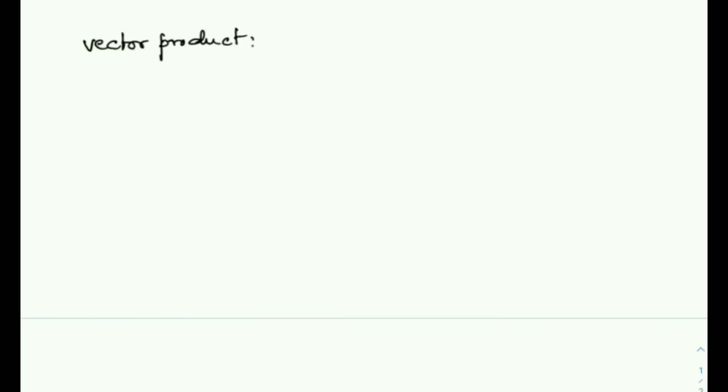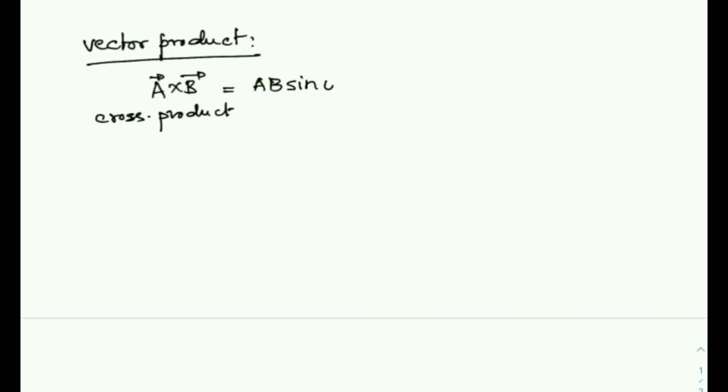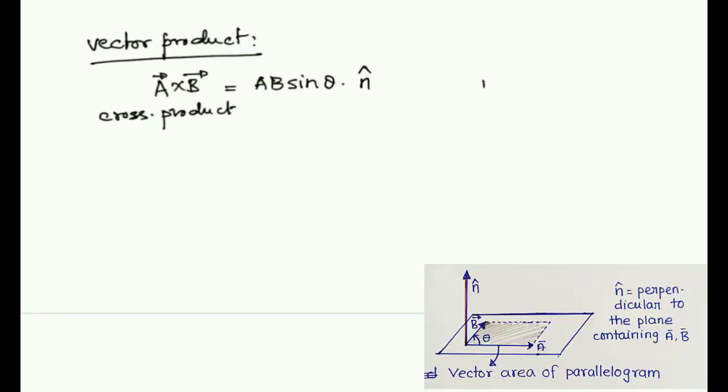Now we start with the vector product. The vector product is also called the cross product, and it is written as A cross B. So A cross B equals A B sin theta times a unit vector n.